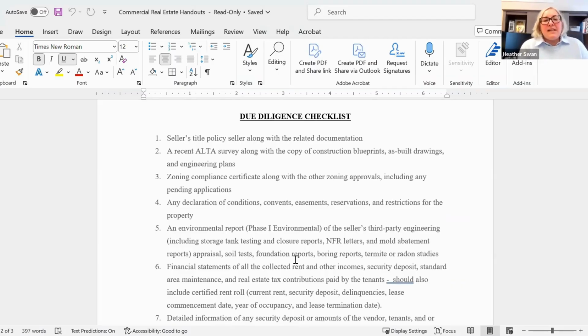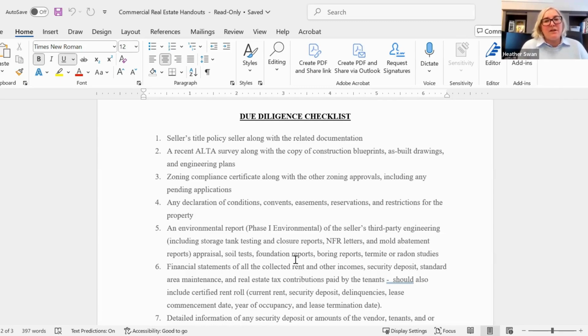So the seller is going to have to provide basically all of the historical documents that they may have for the property, right? You want the seller's title policy. Again, depending on the type of transaction or the size of the transaction, there may be a new ALTA survey drafted, which is much more expansive than a location drawing or even a boundary survey. ALTA surveys can get expensive, but in most commercial transactions, they're necessary.